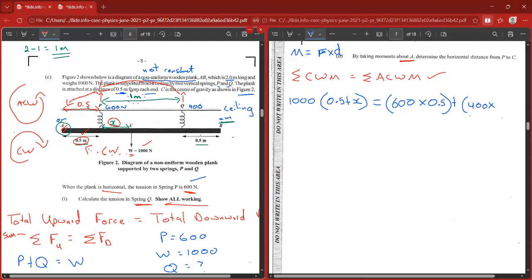So 0.5 plus 1 is 1.5. That is the 1.5 for the distance from A to Q.